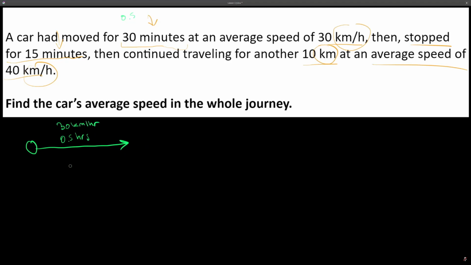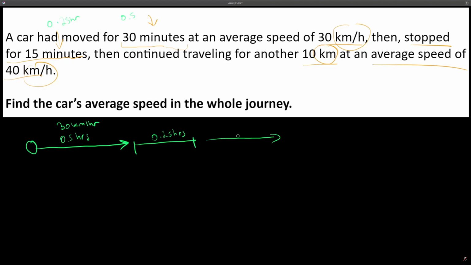So this is the first part, I guess you could say. Then it stopped for 15 minutes, which is divided by 60 again, 0.25 hours. And then it stopped, so it did not travel anywhere. Then it continued traveling again, and it continued to travel for another 10 kilometers.